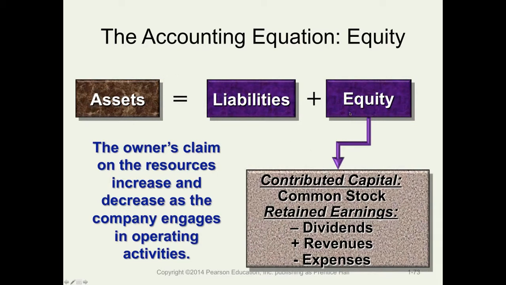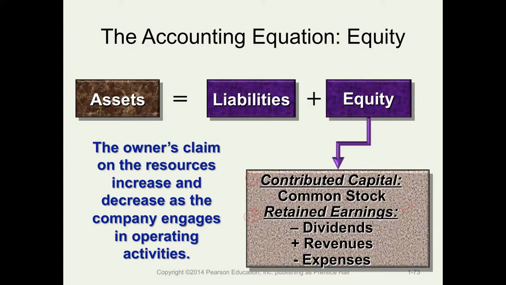Now, the equity account, again, as we said, is going to be the owner's claims against the net assets of the company. And your claims will increase by investments, by contributing capital, and the other way your wealth increases is by your earnings minus the dividends.